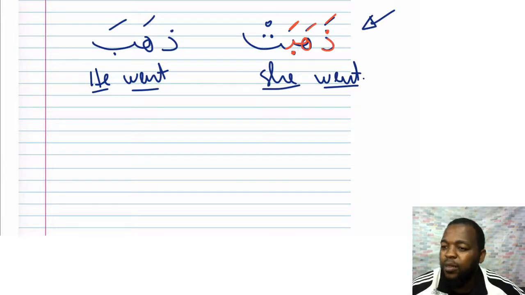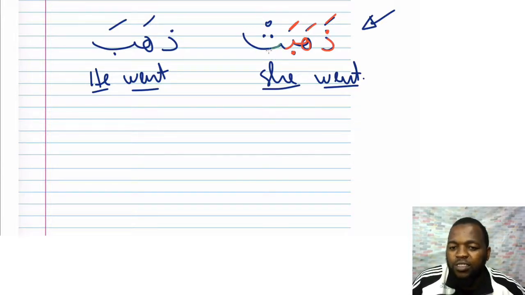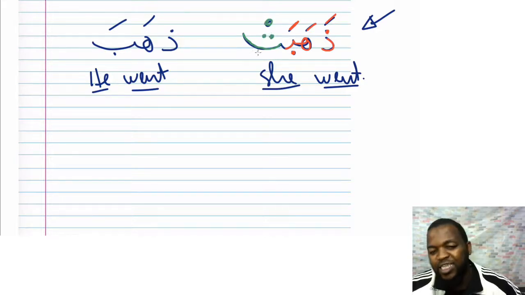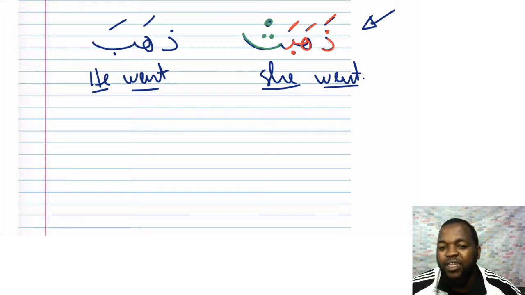It's hidden. Then you may ask, so what is this letter ta here with sukun? Well, this is a sign that tells me that the subject of this verb is feminine. It's not masculine, it's feminine. I don't know where the subject is, but at least I know that it's feminine. So that's why this ta with sukun tells me.